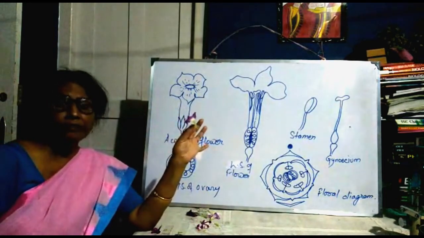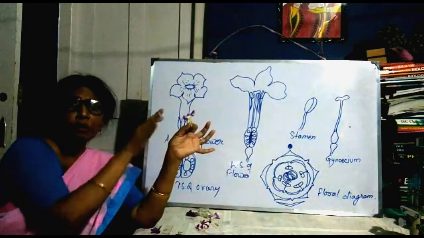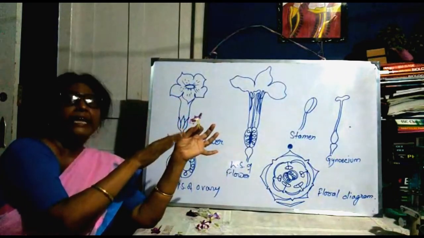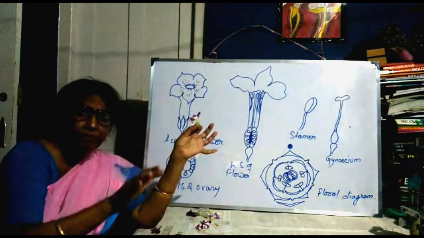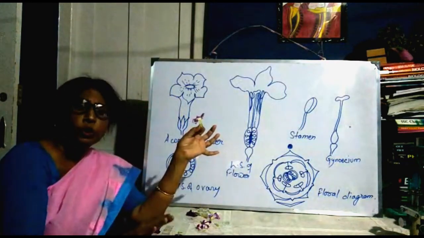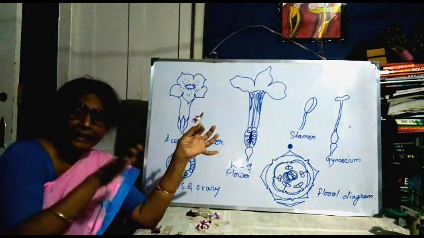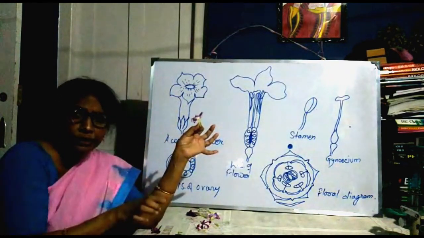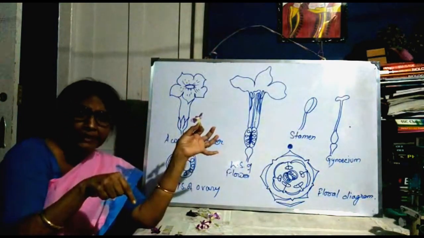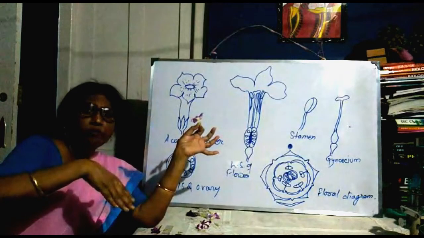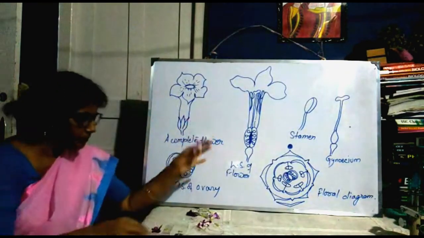This is the LS of the flower, in 2 equal halves, but in your LS you have to show 3 petals, 3 stamens attached to the petals, that is epipetalous, and the gynoecium with the LS of the ovary. Ovary with swollen placenta and many ovules attached to the placenta, axile placentation.